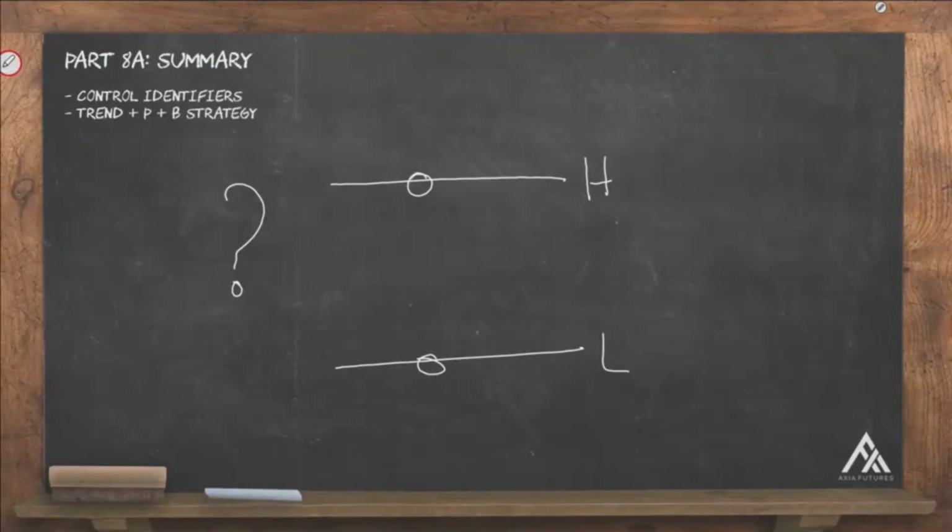Now, let's take, for example, say we had quite a significant high in place, and we got back to this high. What we want to see is either we're going to get strength in these control variables. So maybe we see some tails, maybe we see some low volume areas, and we see strength as we take out this key referencing point in the market.